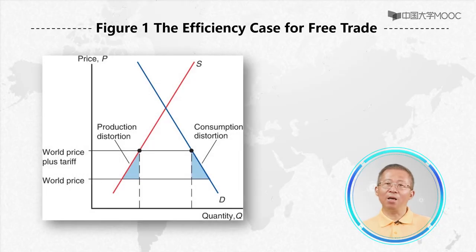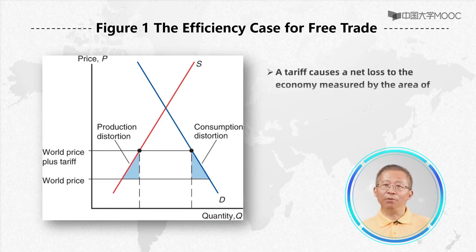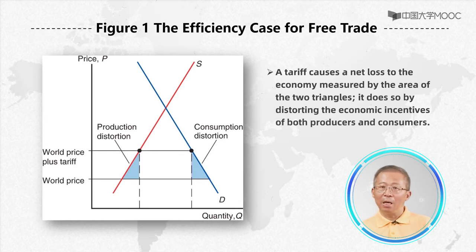The efficiency case of free trade is simply the reverse of the cost-benefit analysis of a tariff. Figure 1 shows the basic point once again. For the case of a small country that cannot influence foreign export prices, a tariff causes a net loss to the economy measured by the area of the two triangles.